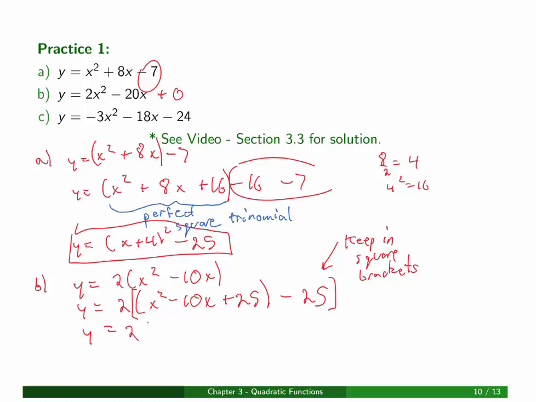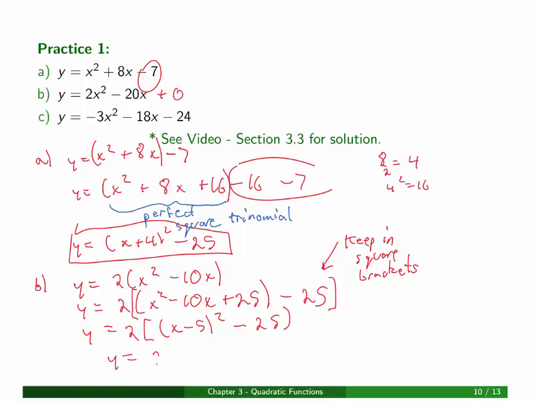We have 2, and then the square root of 25 is 5. We have a negative in front of the 10, so it's going to be x minus 5, squared, minus 25. You can check that. To simplify, you're going to distribute the 2.